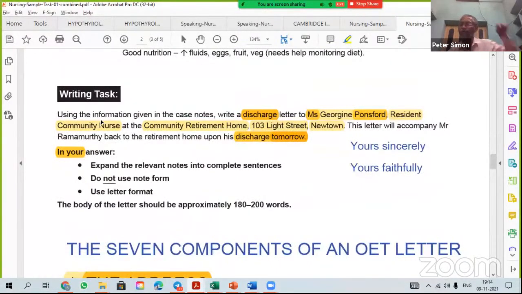You are writing the letter to that person only, the resident community nurse at the community retirement home. So you can see here, he is going to the community retirement home only. From there he came and to there only he is going.